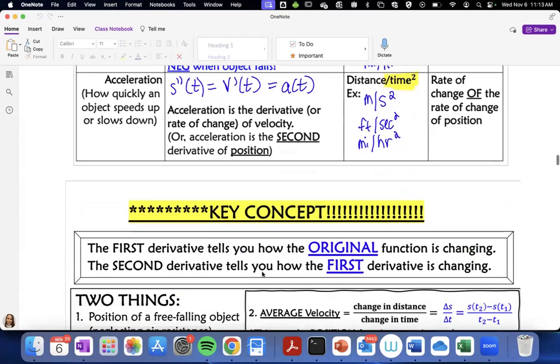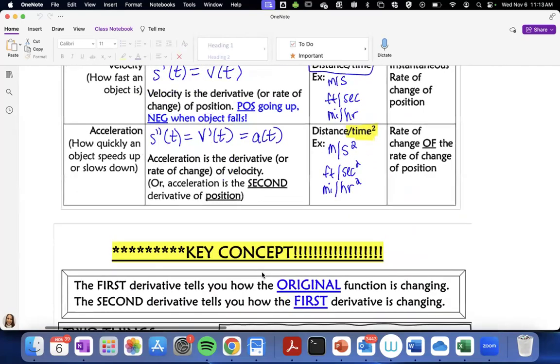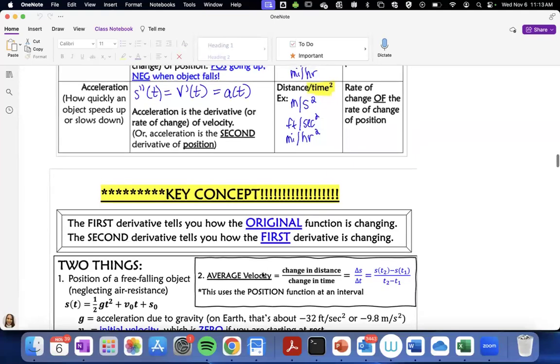Then a key concept today. I know if you're still writing that, I'm just going to zoom out a little bit. Here's the key. The first derivative tells you how the original function is behaving. And the second derivative tells you how the first derivative is changing. The first derivative tells you how the original f of x is changing, and the second derivative tells you how the first derivative is changing.